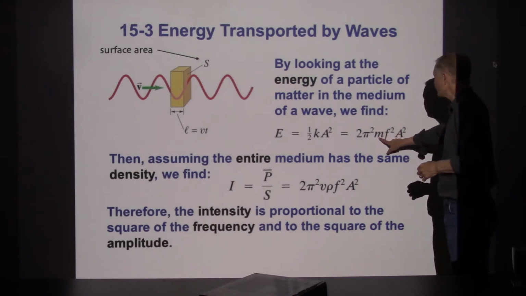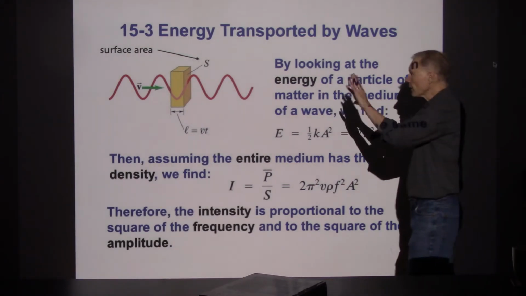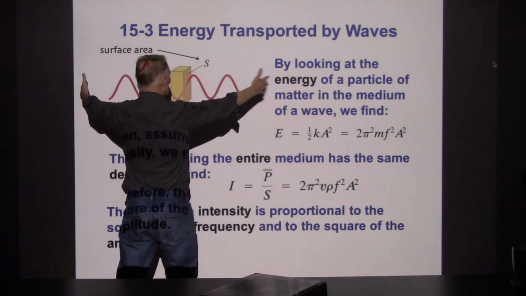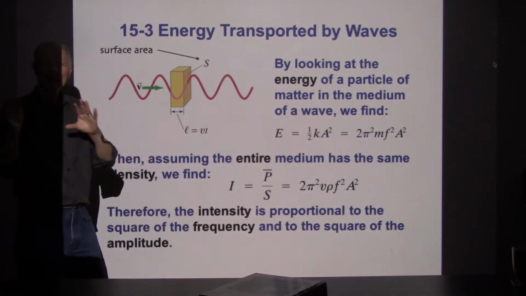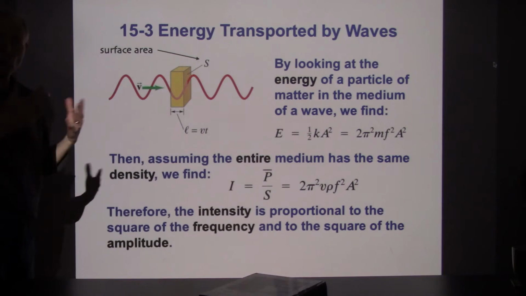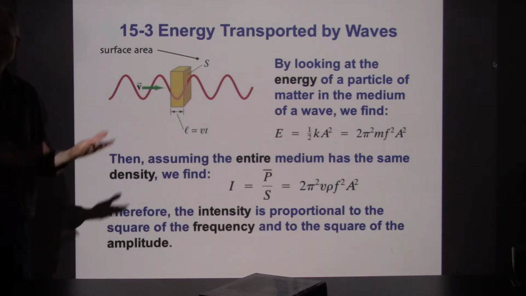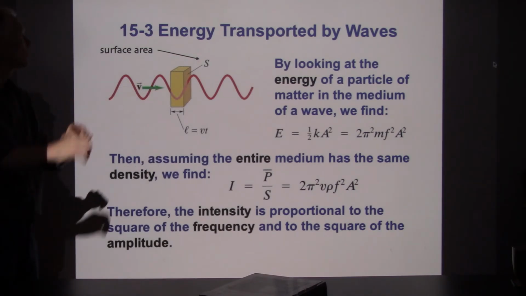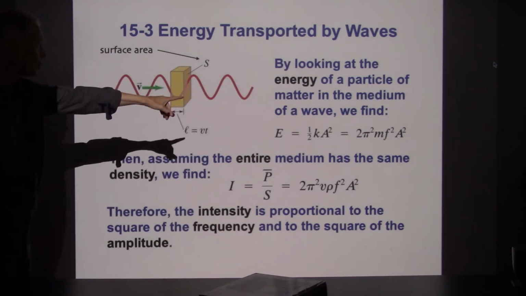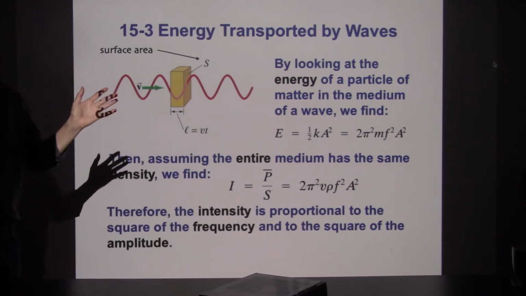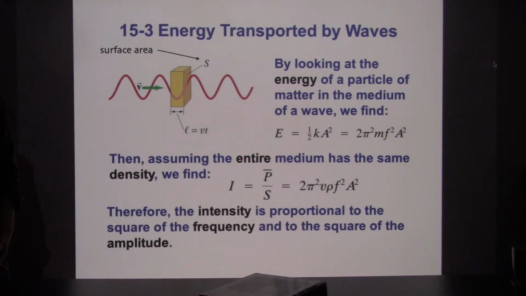Now, it's also going to have to do with how much mass the medium has. So if I've got this long piece of steel or something, and we've got a disturbance propagating through that steel, to get the total energy in the entire sample, we just have to put the total mass in. The mass that we use to calculate the energy corresponds to the mass of whatever portion of the medium we are considering.